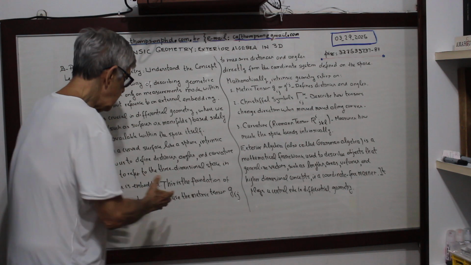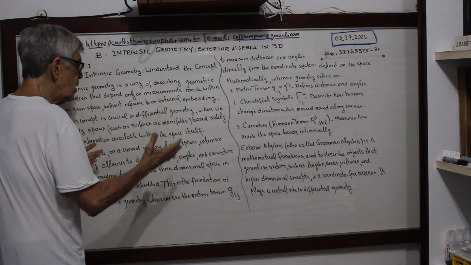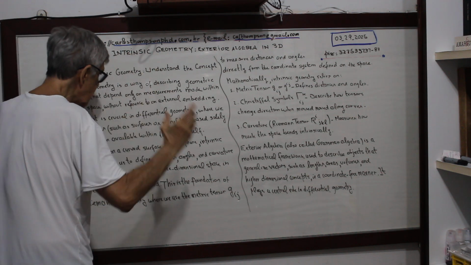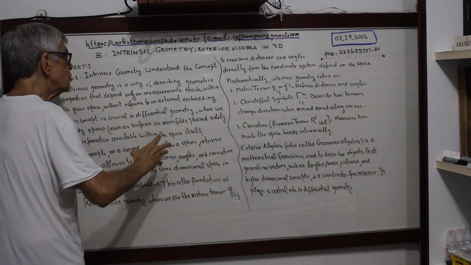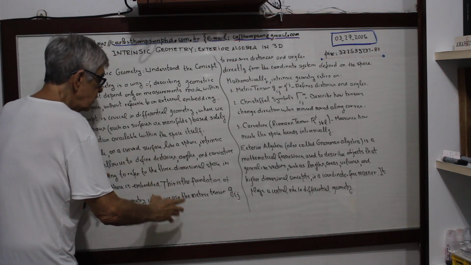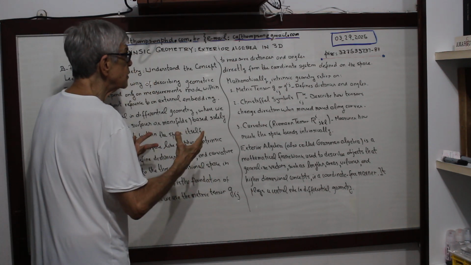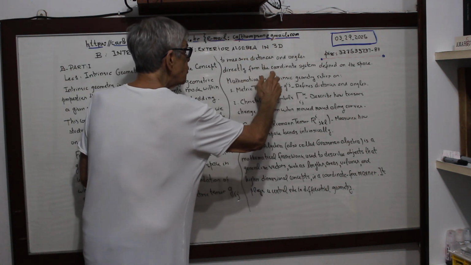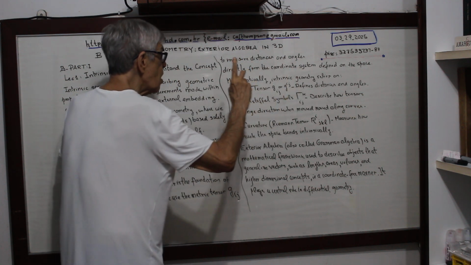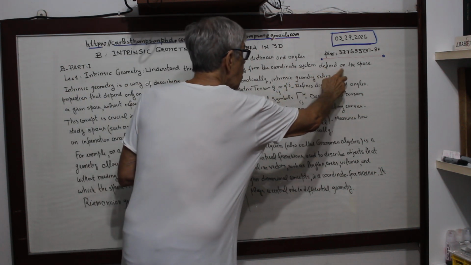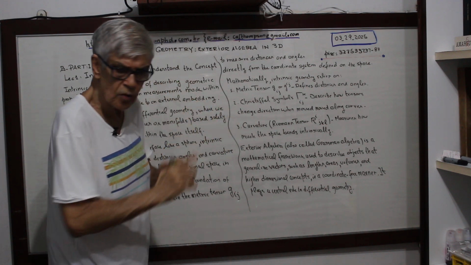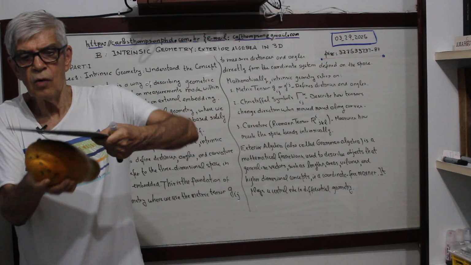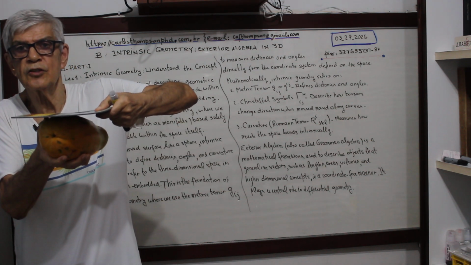You remember from A, extrinsic geometry, I just remind you that Gij is related to measuring distance and angles directly from the coordinate system. Attention. It defines all the space. The geometry is defined on this tangent plane.